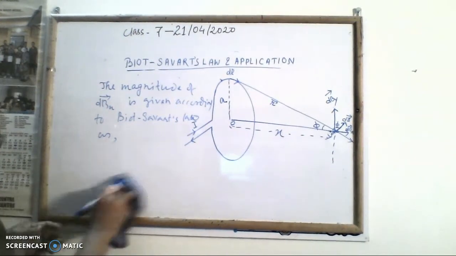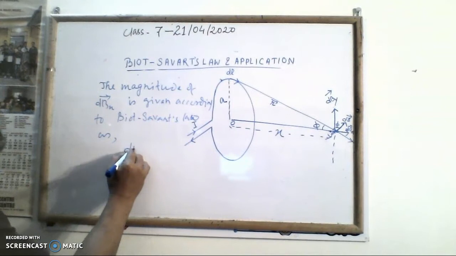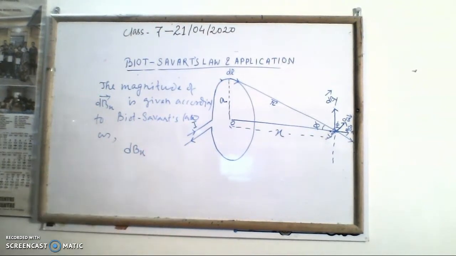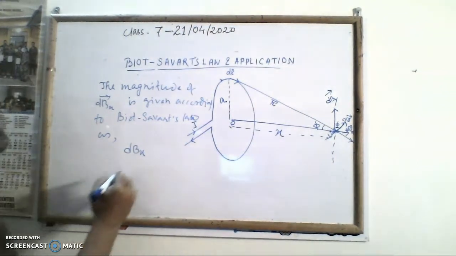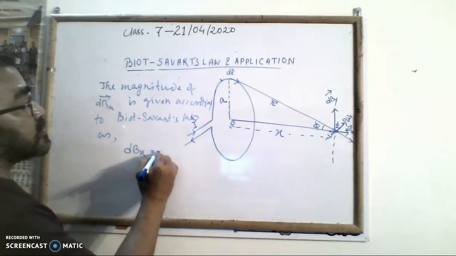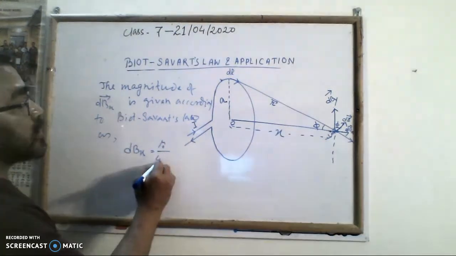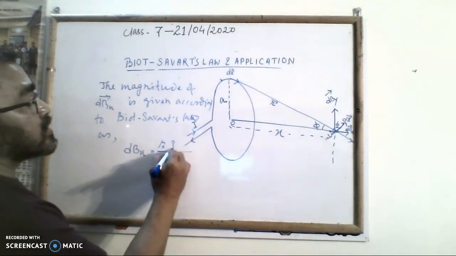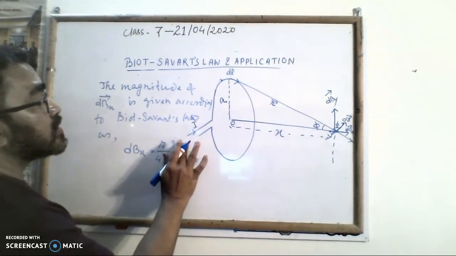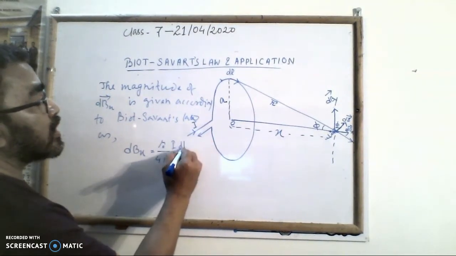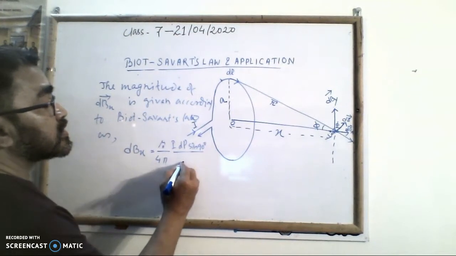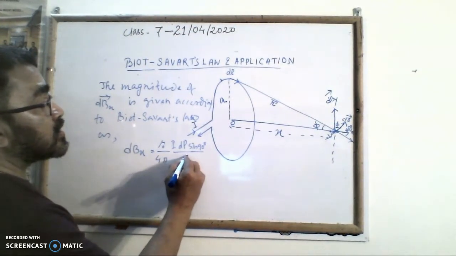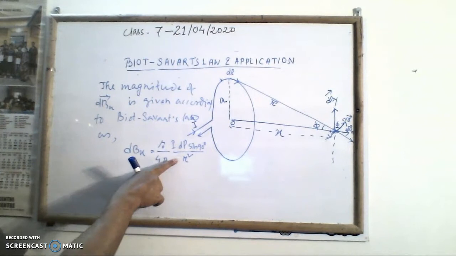Suppose I am writing only the component dBx. So if you write here the magnitude, mu naught by 4 pi, I dl sine of 90 degrees, by r square. This is in accordance with the Biot-Savart's law.